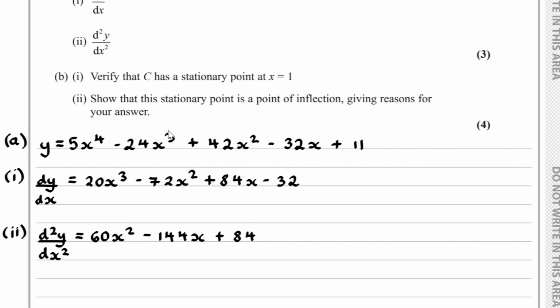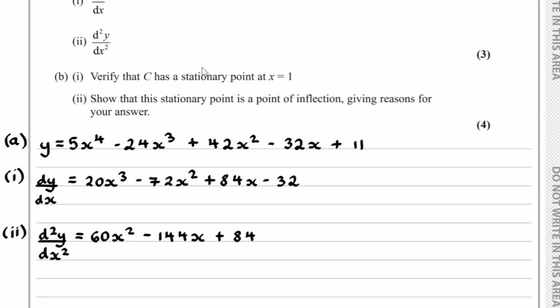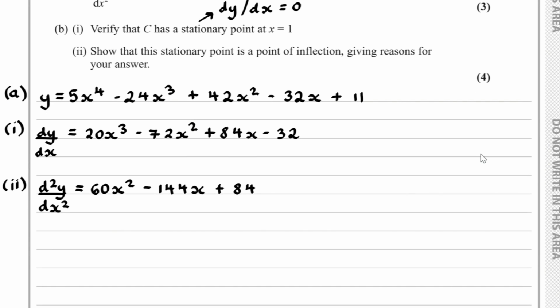Now, for the first part of part B, we have to verify that C has a stationary point at x equals 1. Well, of course, for a stationary point, we require dy over dx to equal 0. So, dy over dx equaling 0 can be shown by substituting x equals 1 into dy over dx.